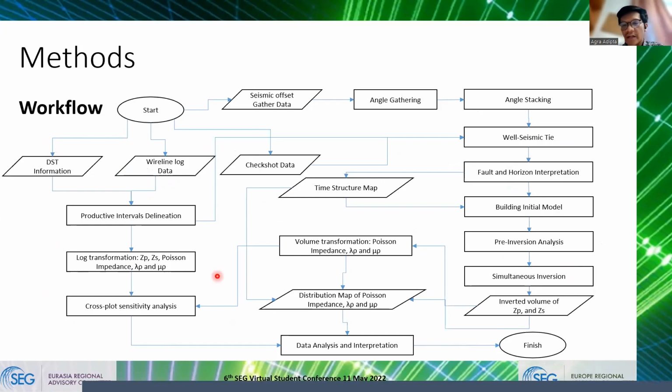On the seismic approach, we run the standard interpretation: angle stacking, seismic volume, and then fault interpretation and horizon interpretation, and then we run the inversion.